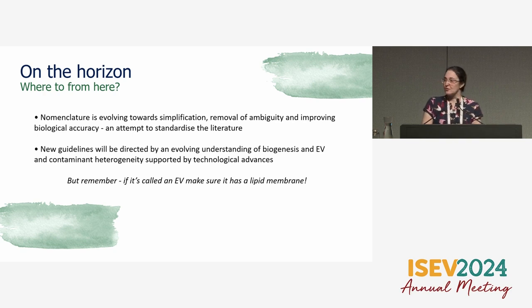I think the new guidelines will also be guided by new technologies. So while the new technologies come through, we're going to learn more about the heterogeneity, about different subsets. And I think these technological advances are going to be really beneficial. But just remember, the takeaway is, if it's an EV, make sure it has a lipid membrane.